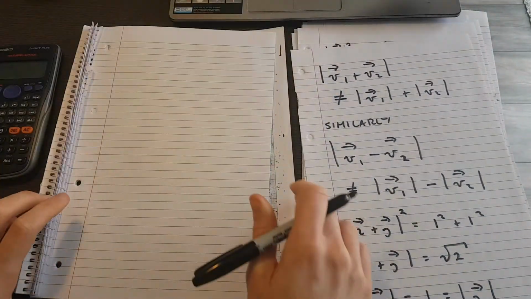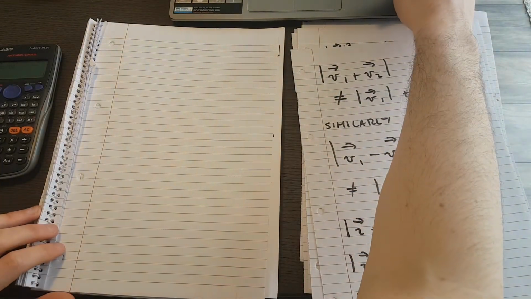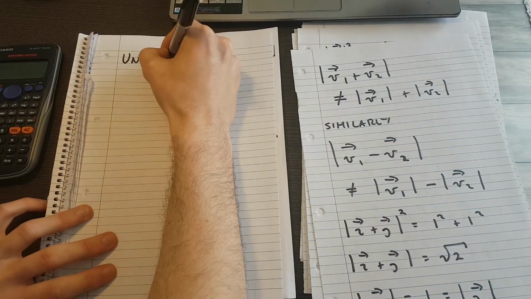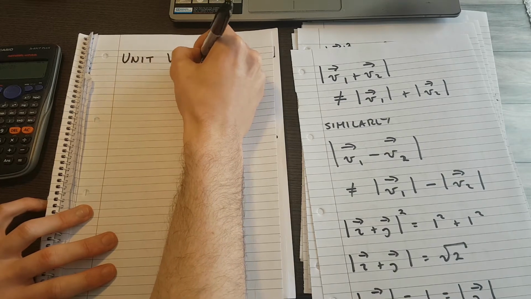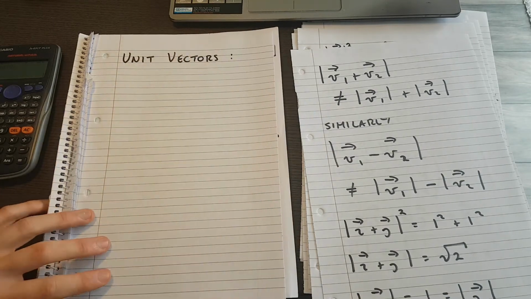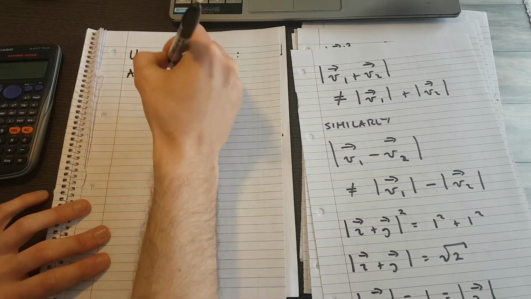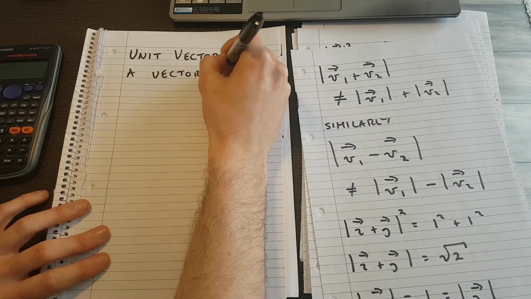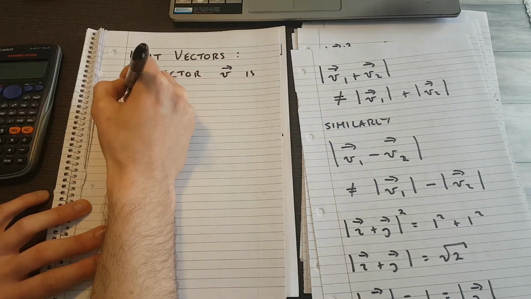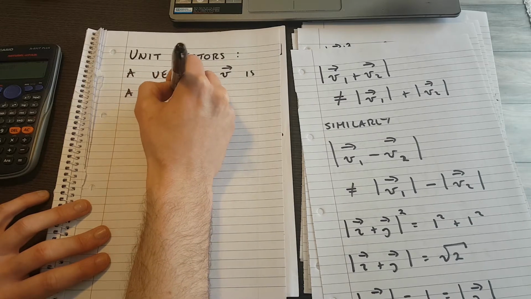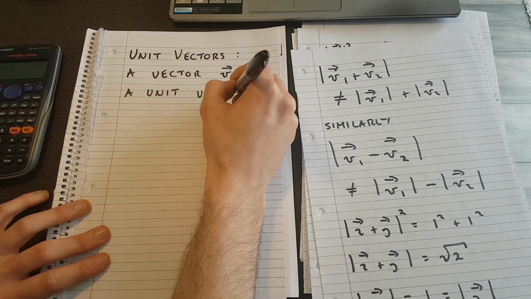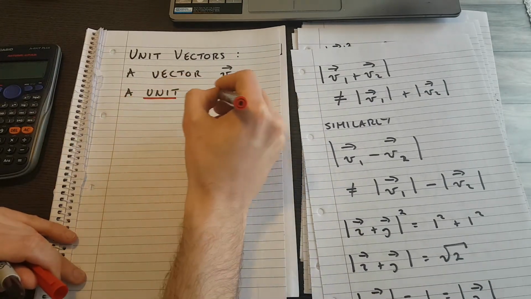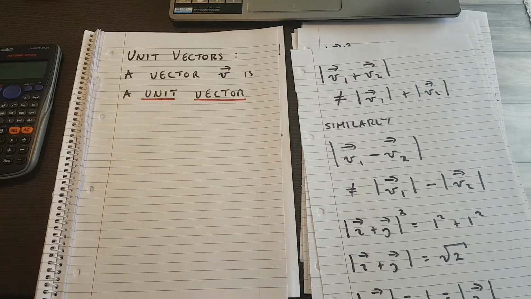The next thing that I have to mention here is the idea of a unit vector. A vector, we'll call it V, is a unit vector, and this is the definition, so I might as well underline it, if its length is 1.